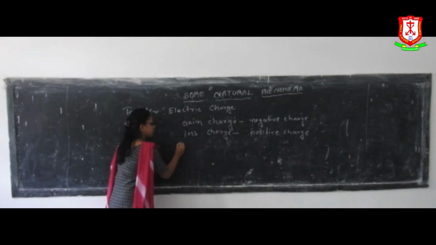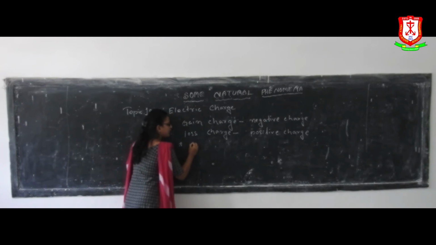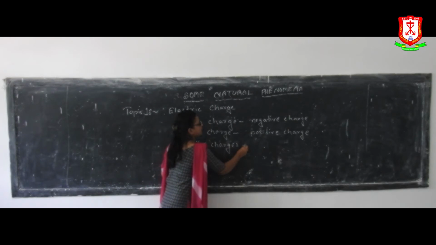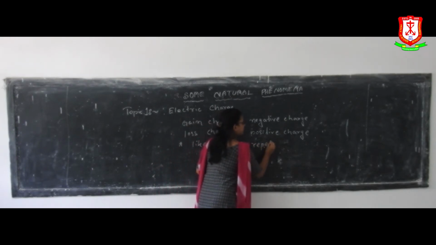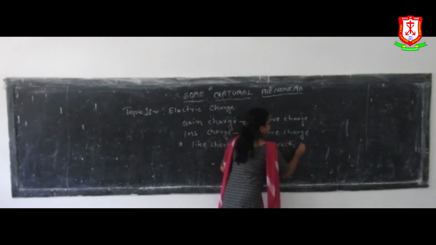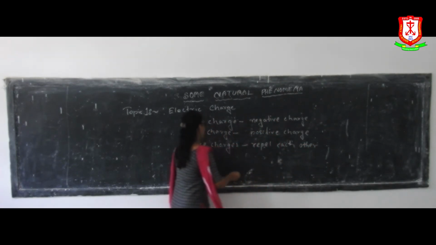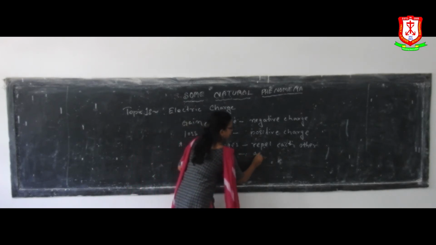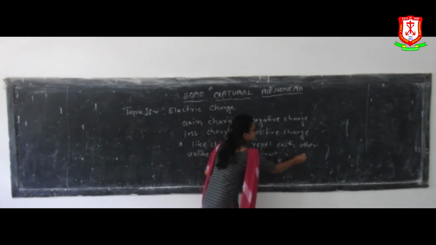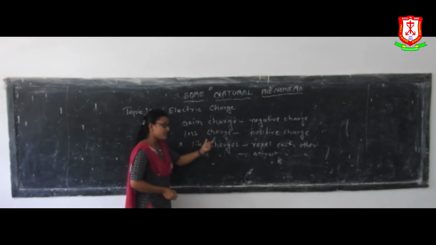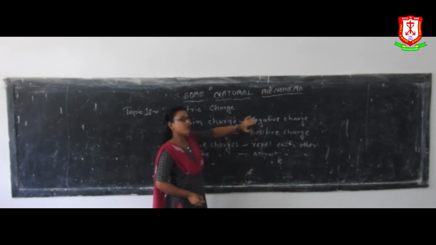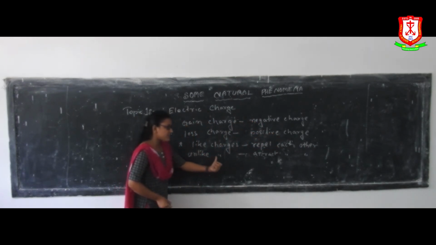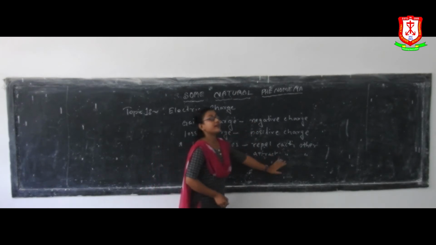One more thing we will learn today is that like charges will repel each other, and unlike charges will attract each other. Like charges means a negative charge and one more negative charge will repel each other, and unlike charges means negative and positive will attract each other.